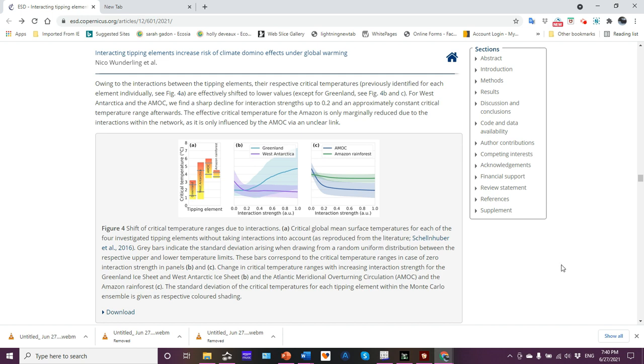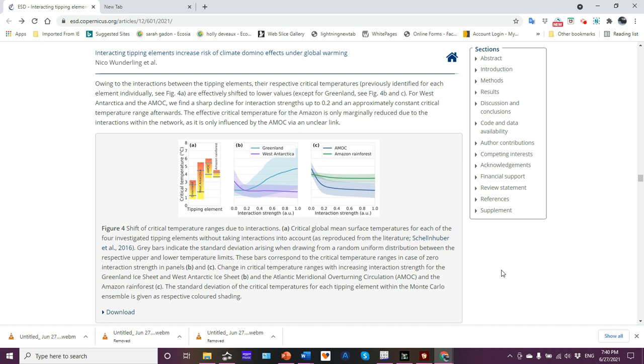In other words, the cumulative, the synergistic effect reduces the critical temperature where there is a transition in the state, except, according to this study, except for Greenland. They're basically saying that the interaction is a negative feedback loop, thereby increasing the temperature for which any transition in the state would result.